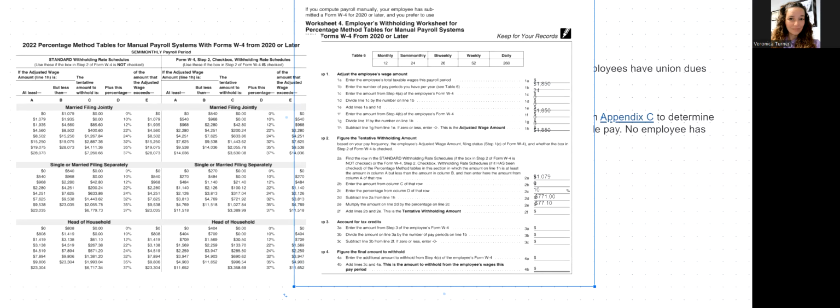Our 2F dollar amount was the $77.10. So $77.10 minus $0 still gives us $77.10. And then again, we've determined that there is no additional withholding that they would like to add, so it will be 0. So $77.10 plus 0 gives us our federal withholding of $77.10. So I'm going to delete this one.